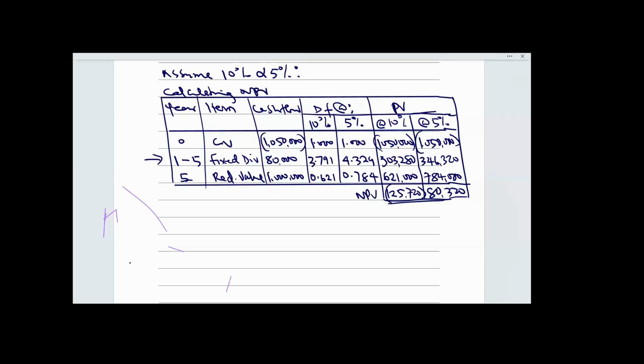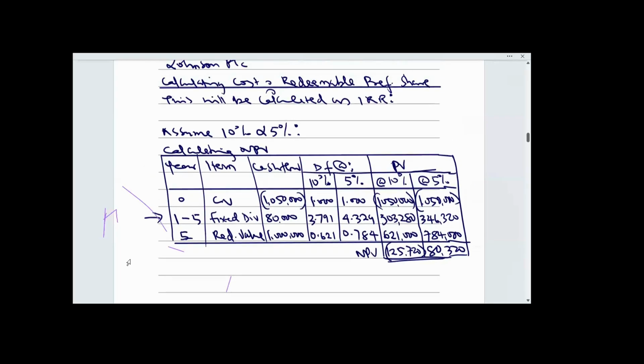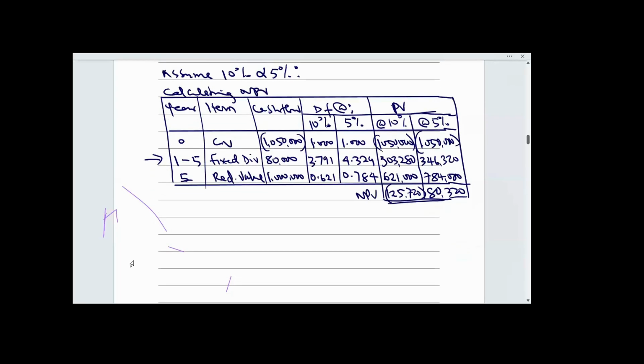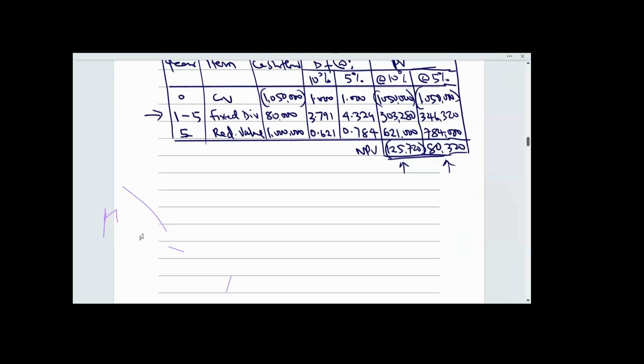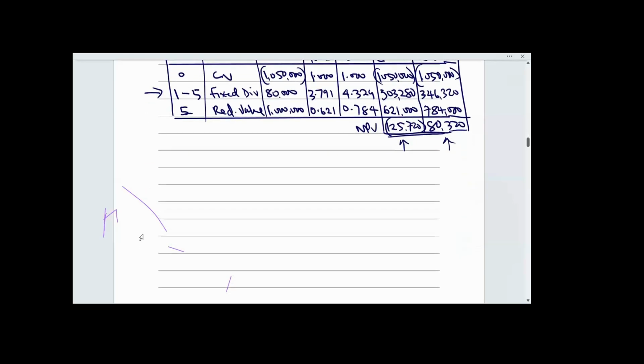So now we have computed both positive and negative NPV. We can then proceed to calculating the internal rate of return. We have assumed two discount rates, 5 and 10%, and the 10% produces two opposing NPVs, a positive and a negative. So the next step is to calculate the cost of redeemable preference share.